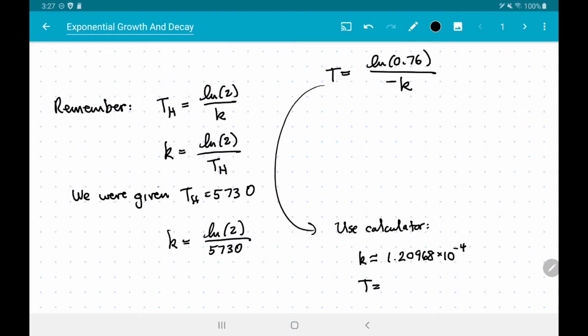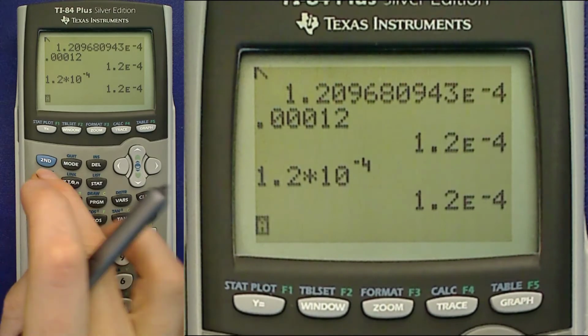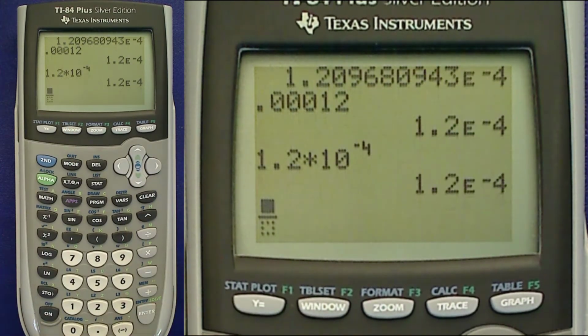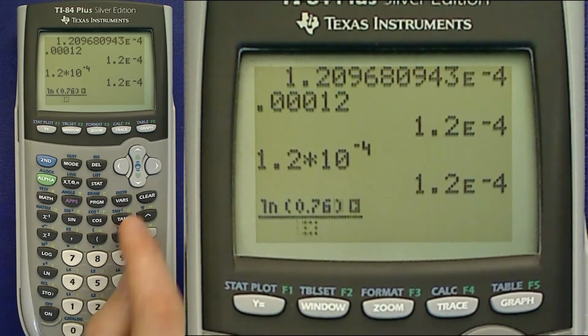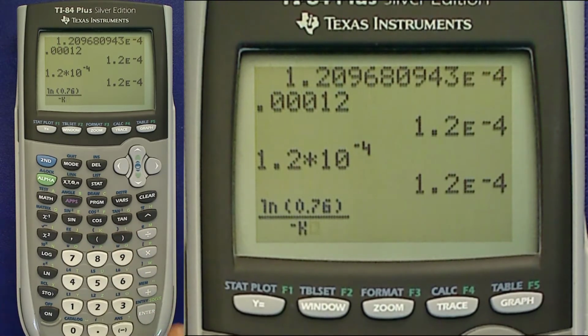So here we go. Back to the calculator. I'll create a fraction and do ln of 0.76 and divide by negative k.